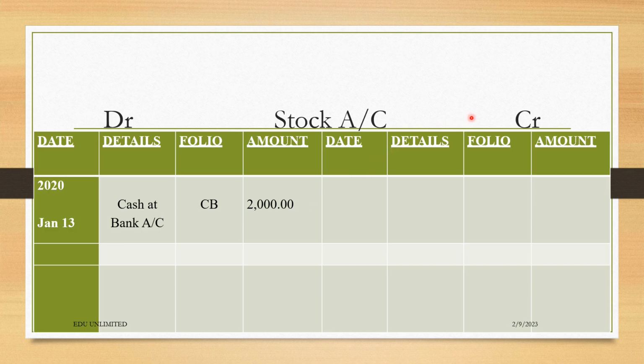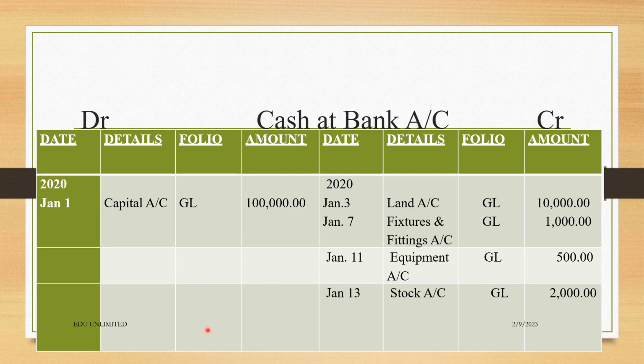Then we will go over to the cash at bank account. The cash at bank account now, being on the debit side, January 1 capital account GL $1,000, and on the credit side, a number of entries from January 3 to January 7 to January 11, and then on January 13, stock which was debited in the stock account is now credited in the cash at bank account under the credit side.